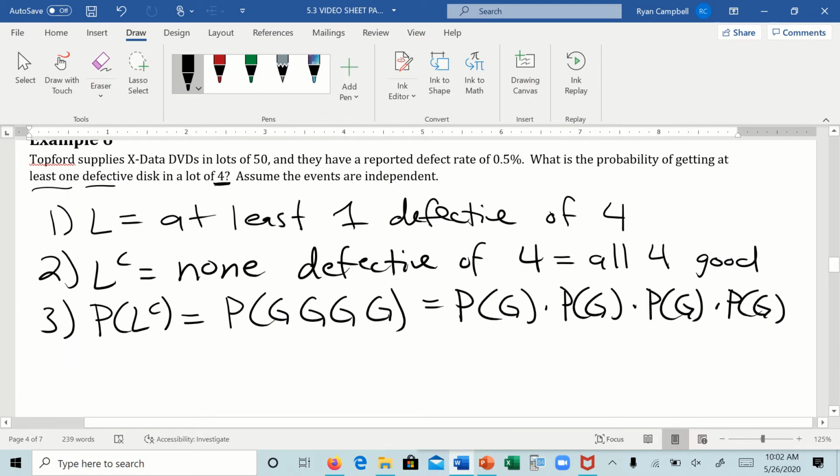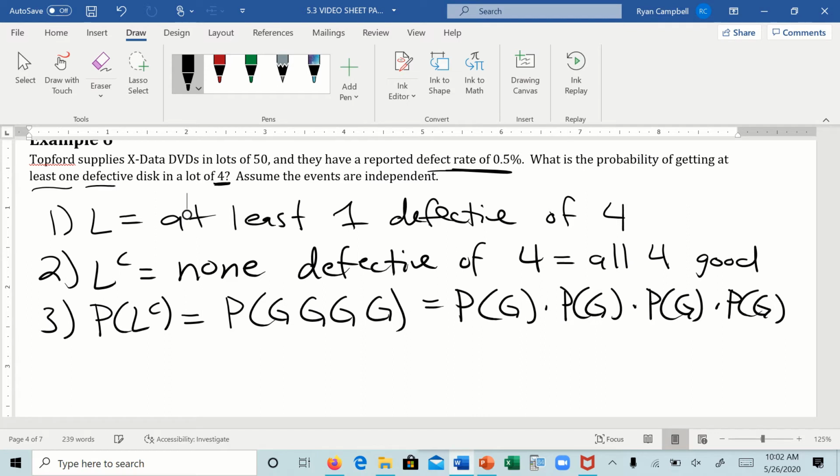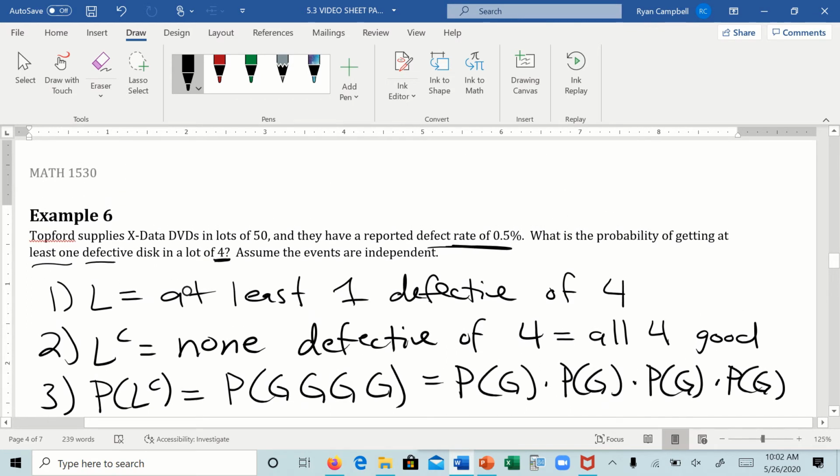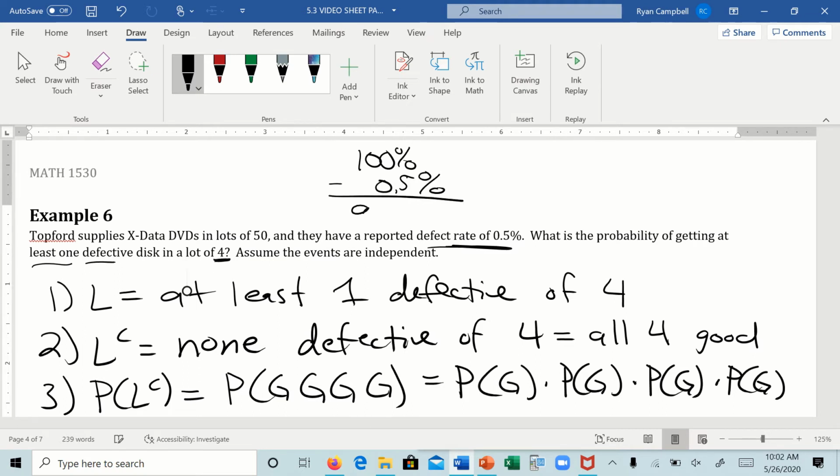All right, so what is the probability that one of them is good? Well, if the defective rate is 0.5%, then what's the good rate? What's the probability that it's going to be a good disk? If you can only have defective or good disks, you can just subtract it from 100%. 100% minus 0.5% is 99.5%.